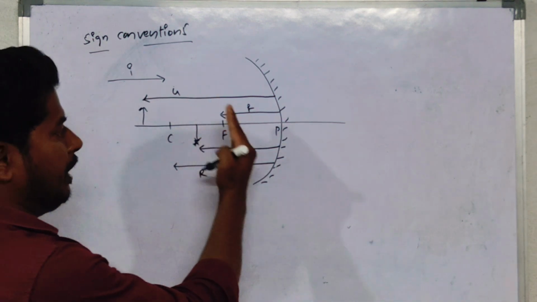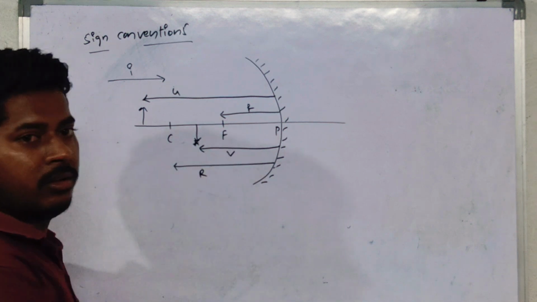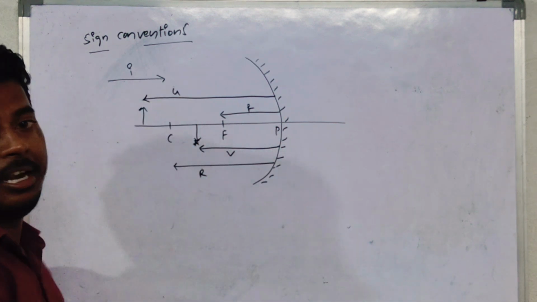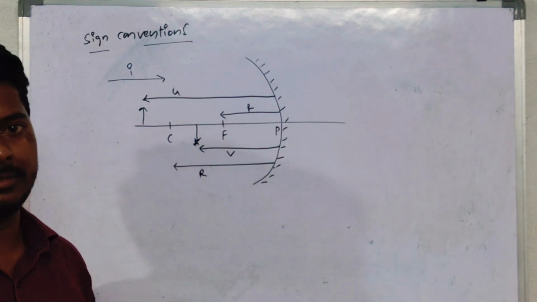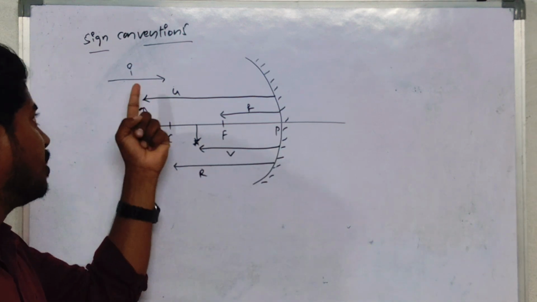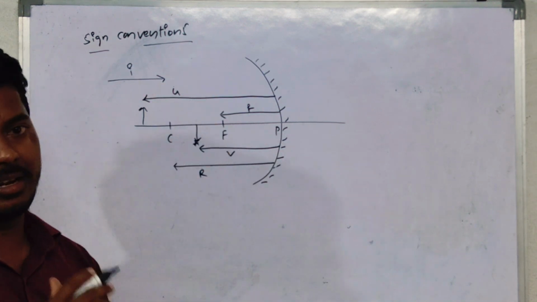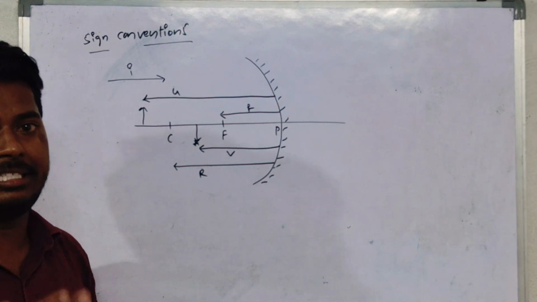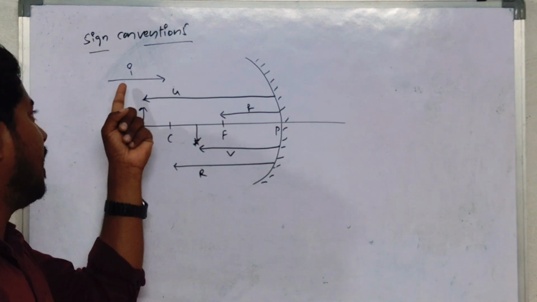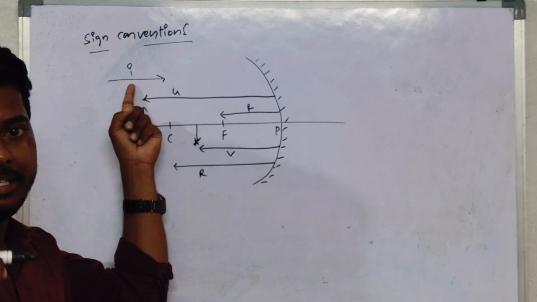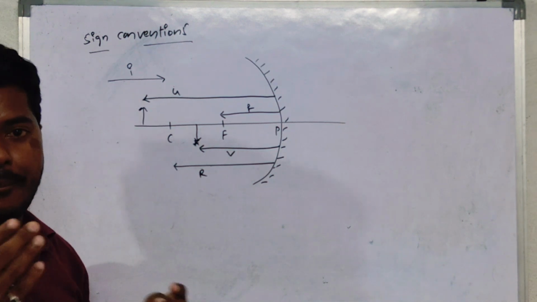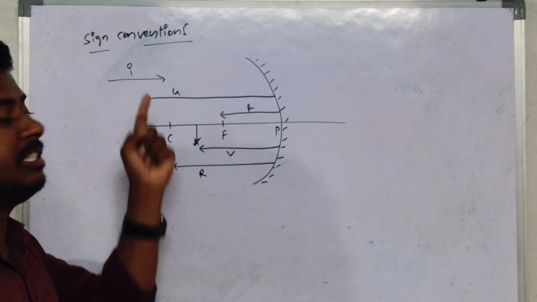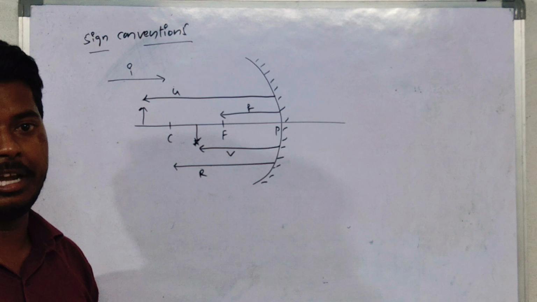I repeat, all distances are measured from the mirror and every distance should be compared with the direction of the incident ray. The direction of the incident ray is always towards the mirror. When you measure any distance along the same direction as the incident ray, consider it positive. When you measure any distance opposite to the direction of the incident ray, consider it negative.